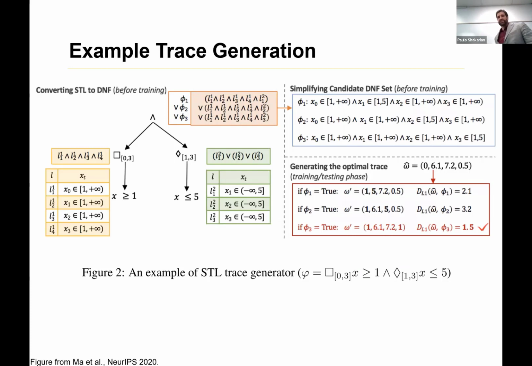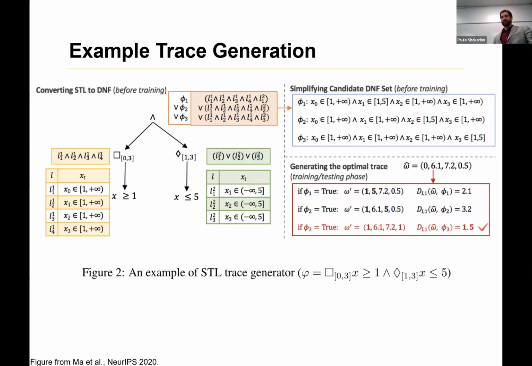So this diagram I actually really liked. They started out with this initial formula and they convert it to a disjunctive normal form, which essentially is now being changed to 3 different formulas. And then they break it down into the 2 disjuncts, and they can see, hey, the first one is requiring X to be greater than 1.